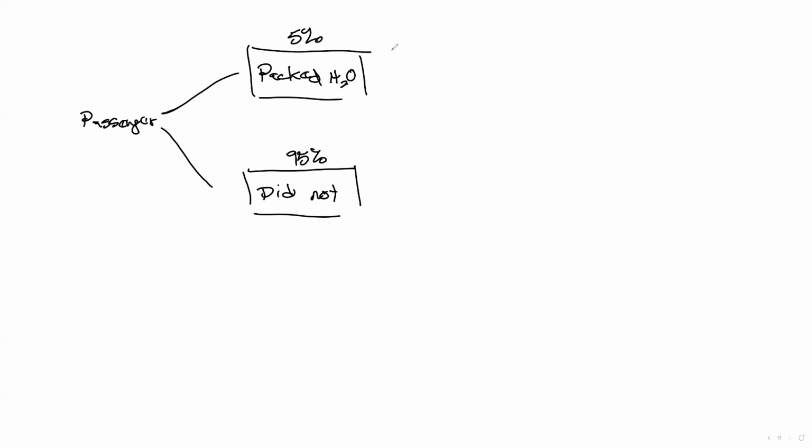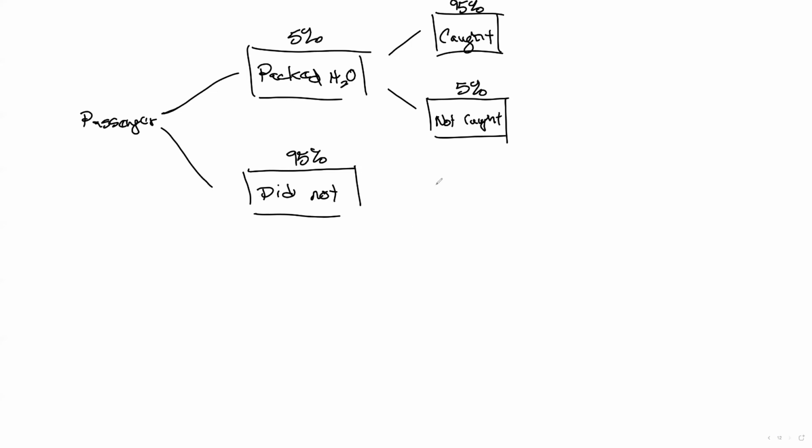Then if you packed water, there's a chance that you're going to get caught, or not caught. Caught, 95%, and not caught, 5%. If you did not pack water, then you cannot get caught. So you definitely do not get caught if you did not pack water at all. So our tree is really going to have only 3 possibilities.